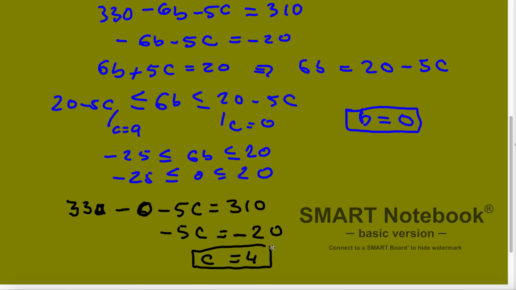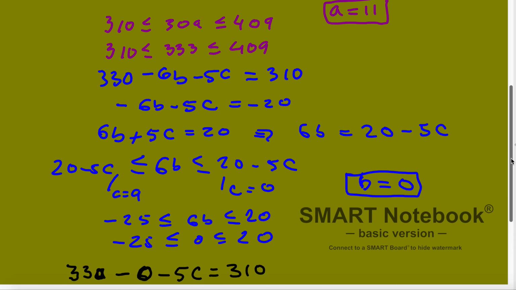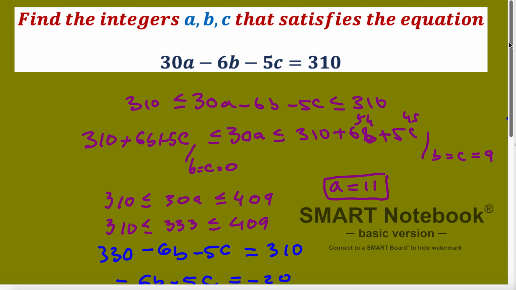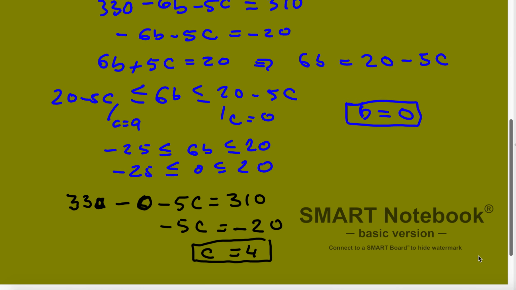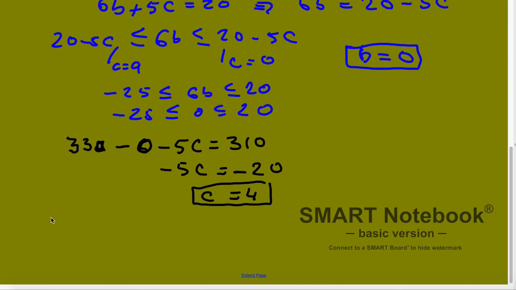So those are the integers that satisfy this equation: a is equal to 11, b is equal to 0, and c is equal to 4. And to double check for the final, we can compute 30 times 11 minus 6 times 0 minus 5 times 4, which should be 310.